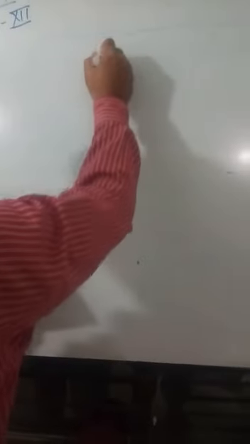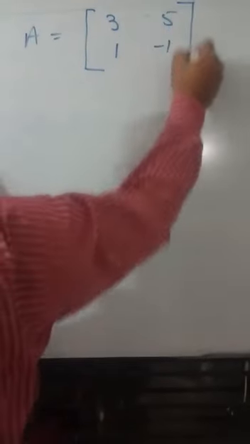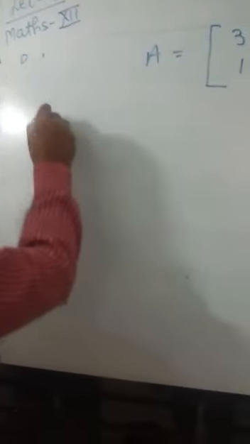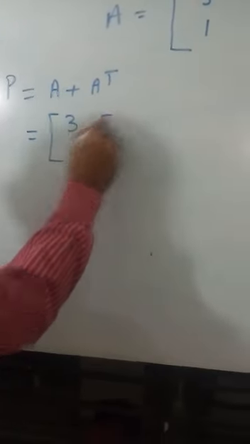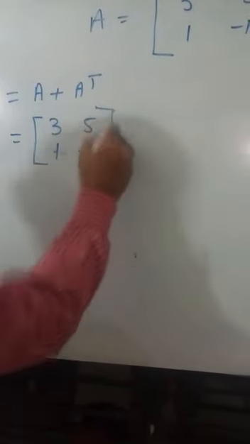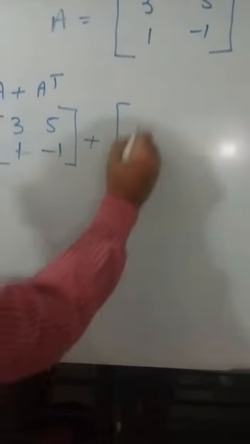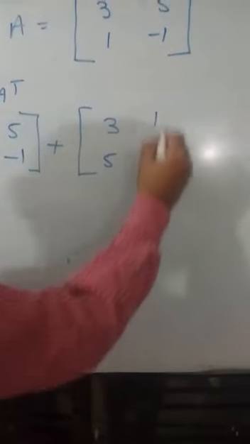You have a matrix A, 3, 5, 1, minus 1. Now you form A plus A transpose. A means 3, 5, 1, minus 1, plus its transpose 3, 1, 5, minus 1.